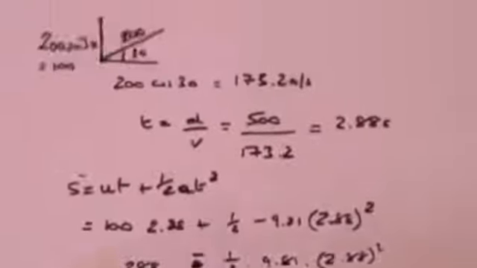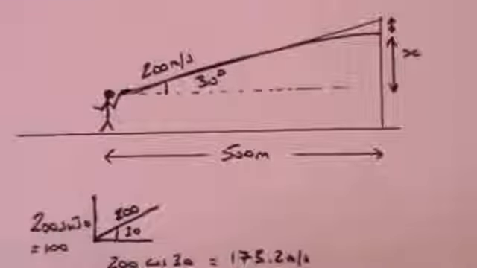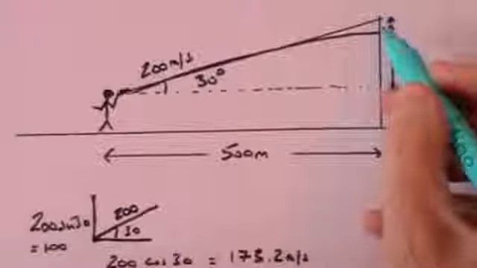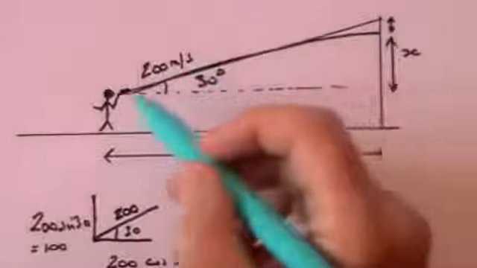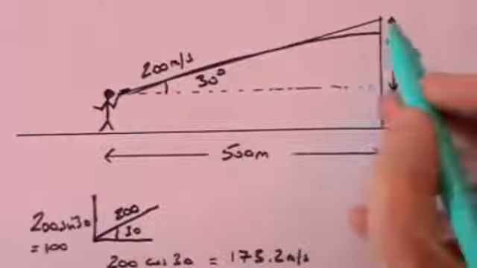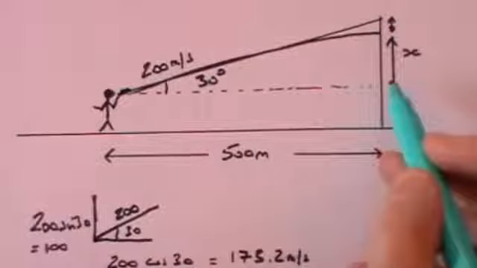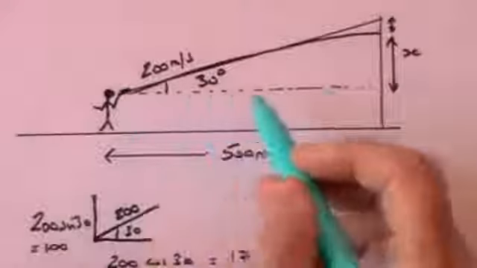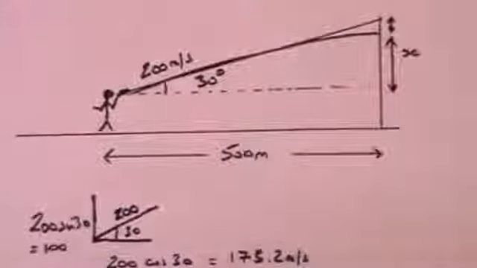But the question we want to know is, where was the target? Because then we can work out how far short we've got. Well, this is just a straightforward problem. We've got that the height of the target above the firing position divided by 500 metres is the tangent of the angle 30.